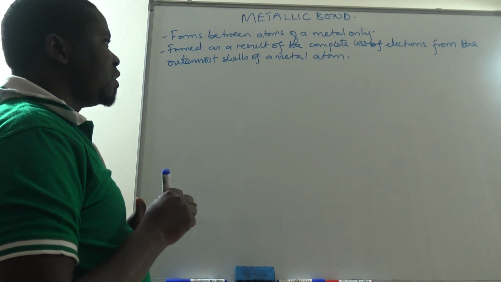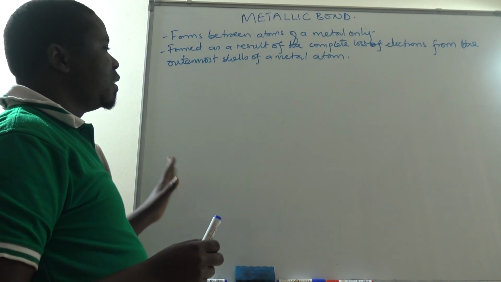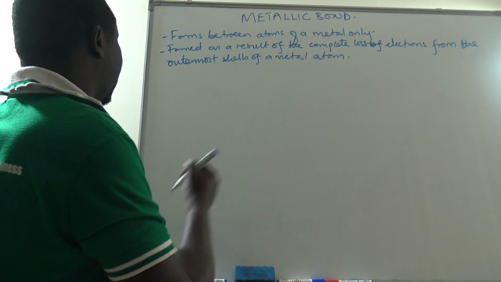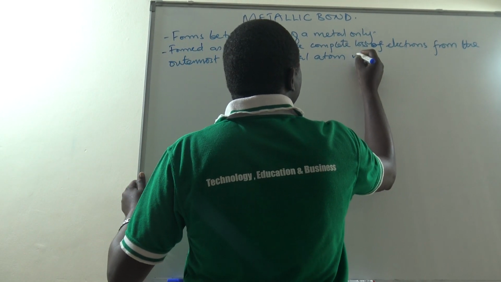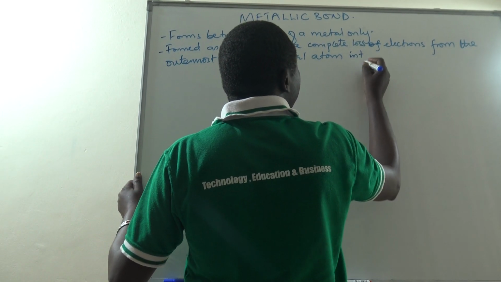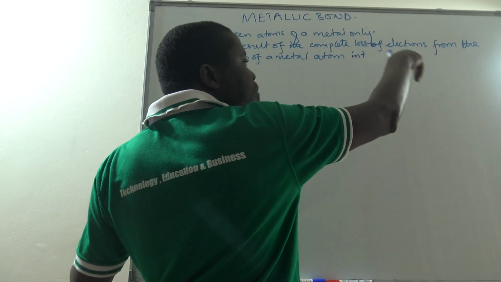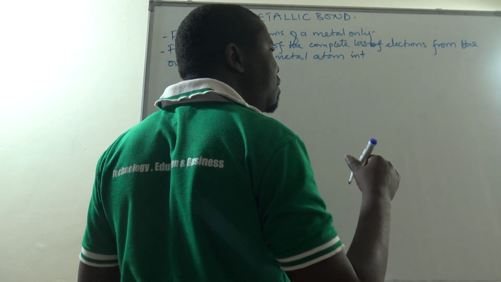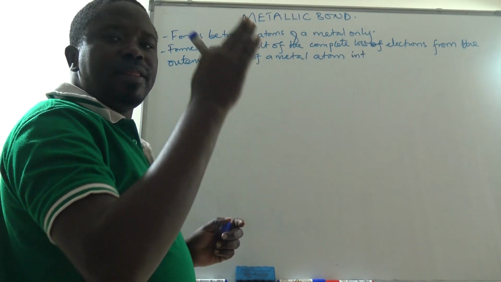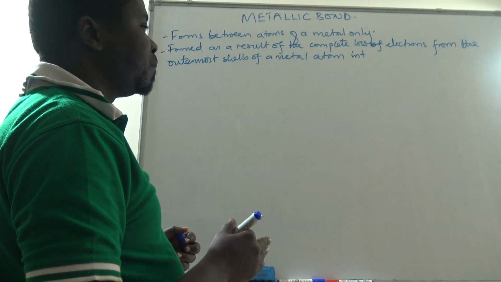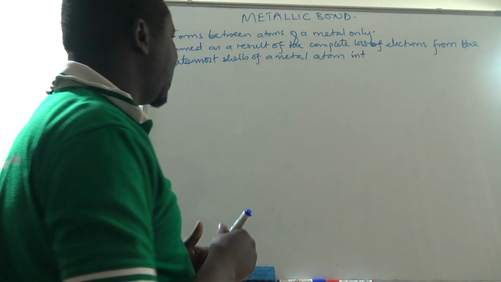So the electrons in the outermost shell of a metal atom get lost completely. And where do these electrons go to? They remain within the metal. That means they remain moving around in between the empty spaces between the atoms in that metal. That's what we call the metal lattice.